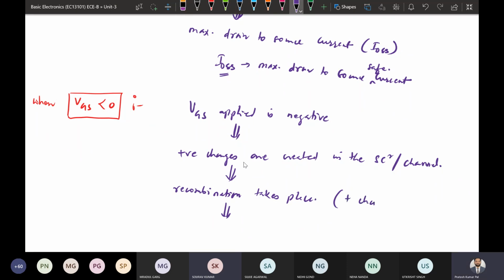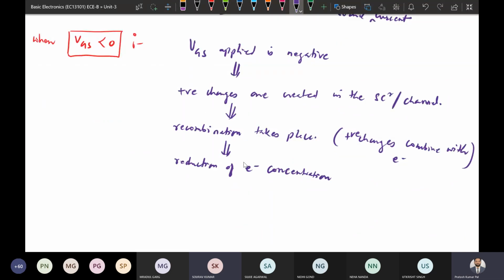This is called recombination. As positive charges combine with electrons, there will be a reduction in electron concentration in the channel region because of the recombination.